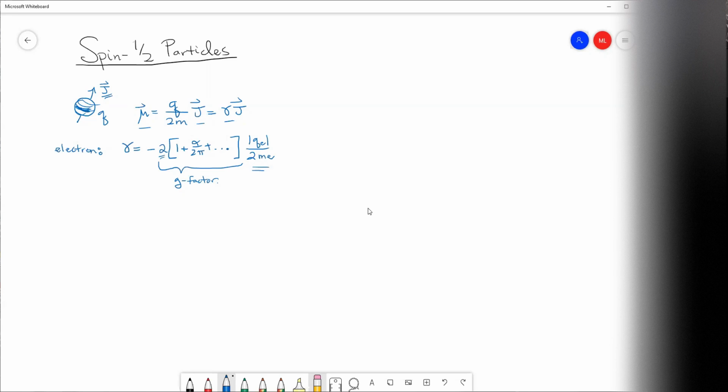This is where all the difficult physics lives, in this G factor. And then there are corrections on top of this value of 2 coming from quantum electrodynamics. That's the subject of quantum field theory, and one of the classic calculations is figuring out where this comes from.